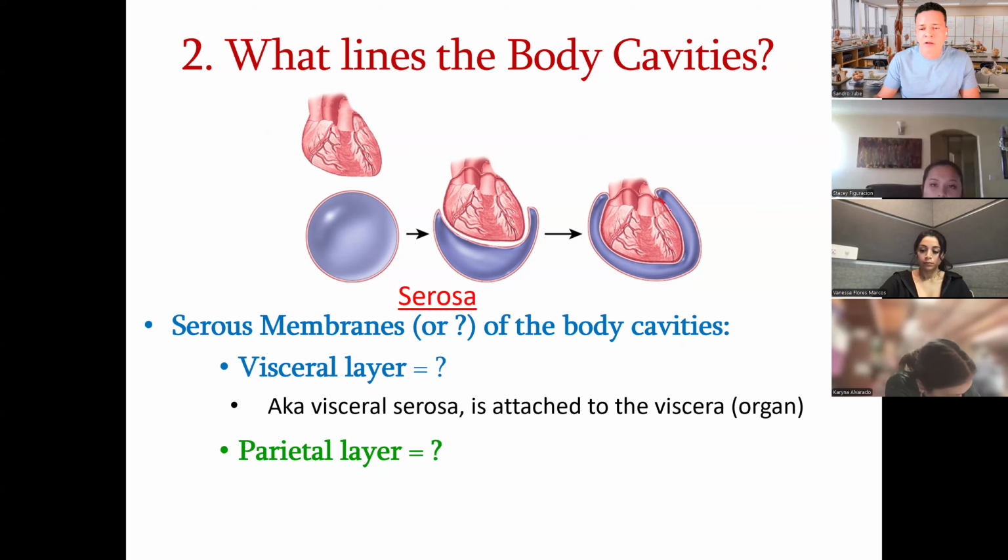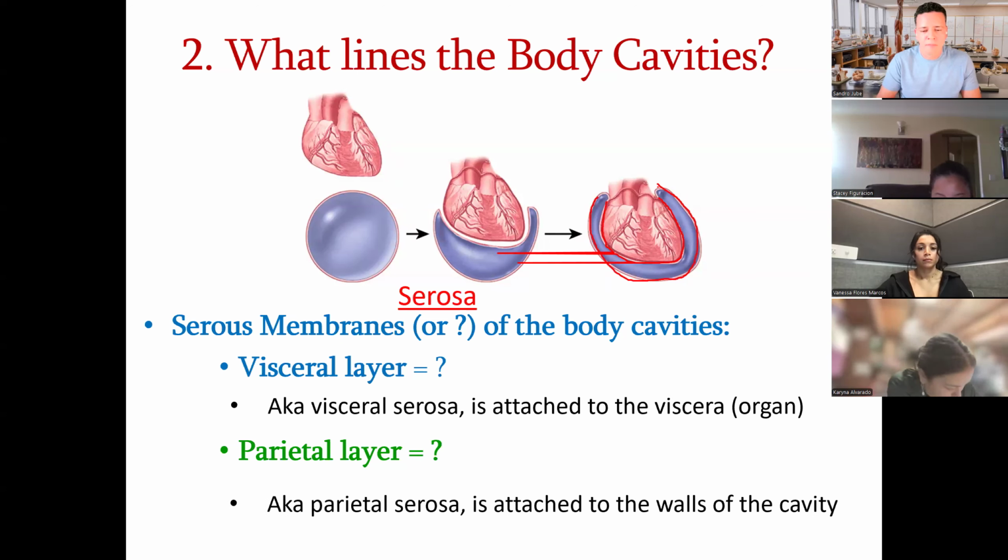So we would have the visceral layer right here, which is right against the heart. Now the layer that is on the walls of the cavity right here, on the outside, this is what we call the parietal layer. So the visceral layer is touching the viscera, touching the organ. The parietal layer is covering the walls of the cavity.